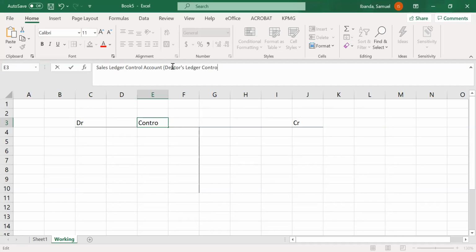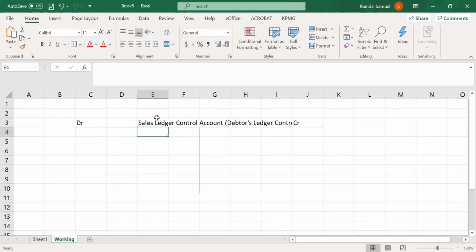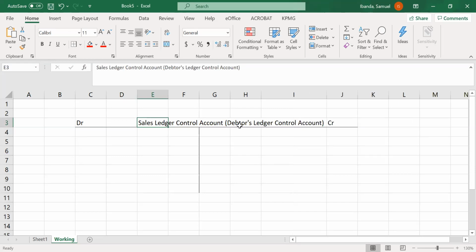Now, I want you to note something, that sales, and especially credit sales, and debtors go hand in hand. The higher the credit sales, the higher the debtors. That is why this control account works on both of the two values.